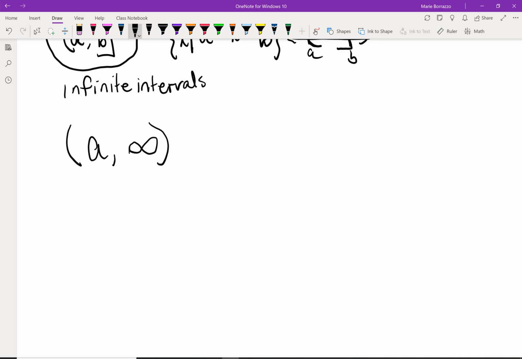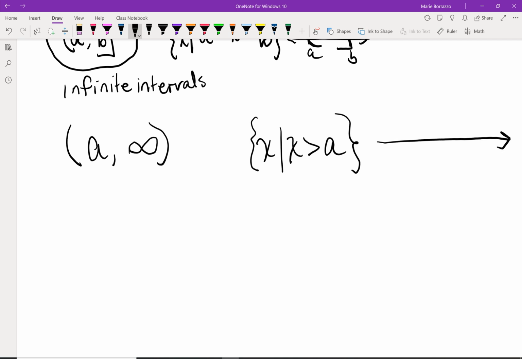The notation for this one, if you recall, will be where X is in the set of values where X is greater than A. And you close it out. There's no bracket in this case. And the notation on the number line will simply be that you will have an A. This is a parentheses because it's not inclusive, and the values of A go all the way this way, that way.